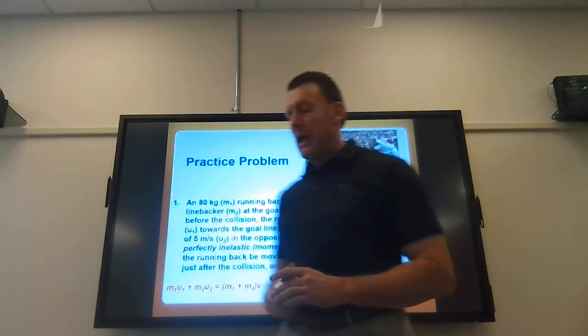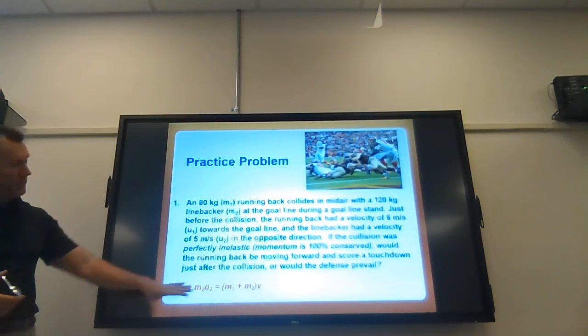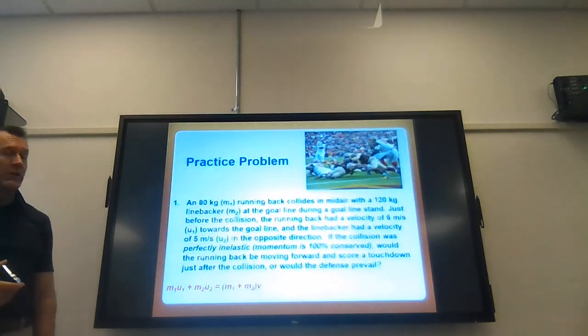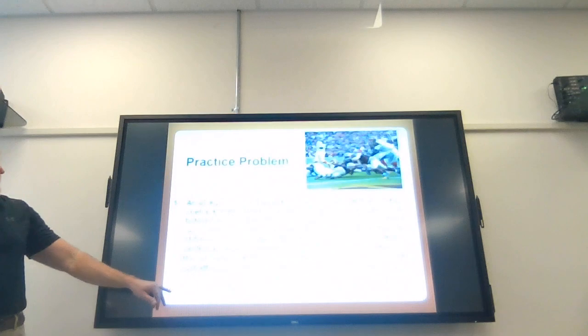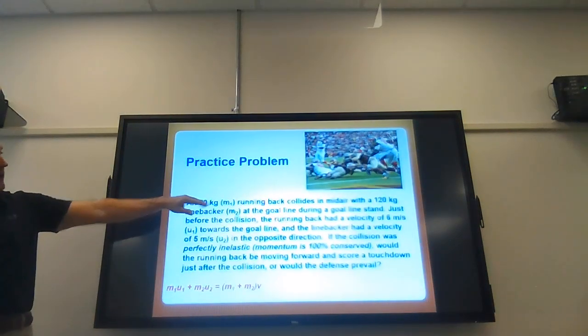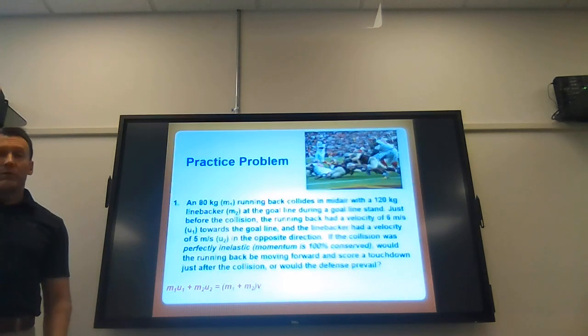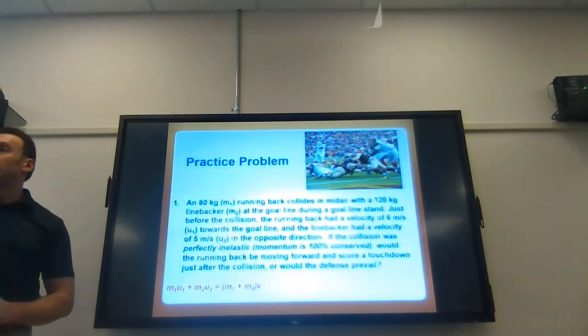Okay, so mathematically, before you read through this problem, I want you to look at the formula here. So we have 2 athletes, and the first athlete has a certain amount of momentum. We'll call that the running back. Prior to the collision, the pre-collision velocity is abbreviated with a lowercase u.